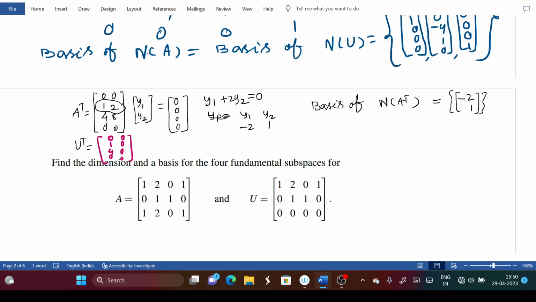So similarly, what's the relation here? y1 is equal to 0. This is the only relation I have. So y2 is a free variable. So what is the relation then? Anyhow y1 is 0, y2 is free variable, that's why it is 1. So basis of N of U transpose is nothing but 0 1.